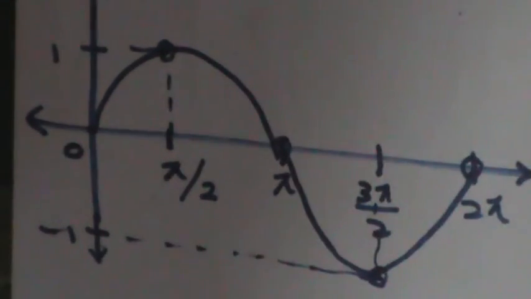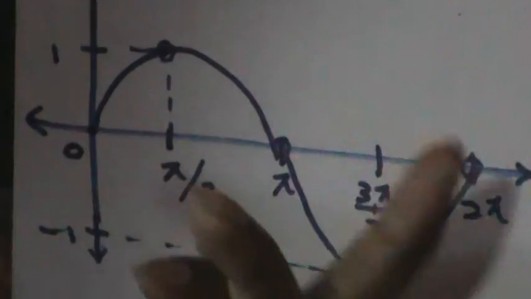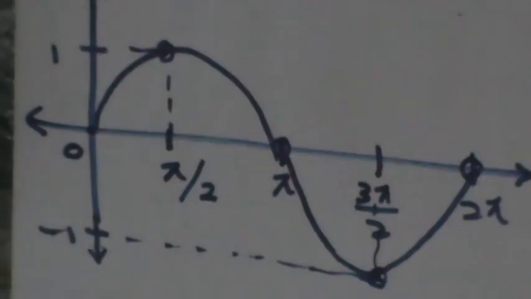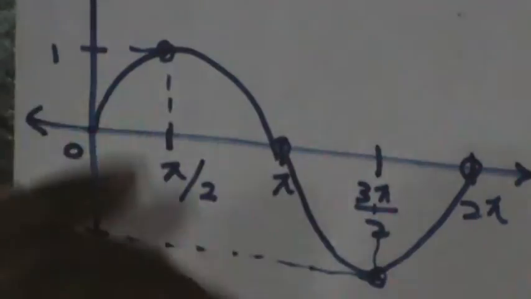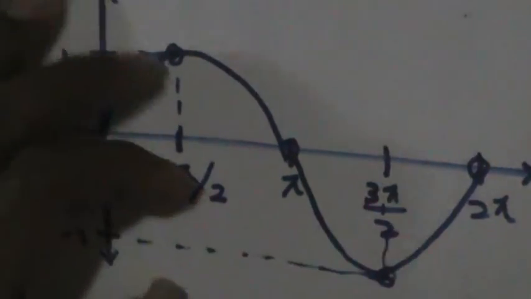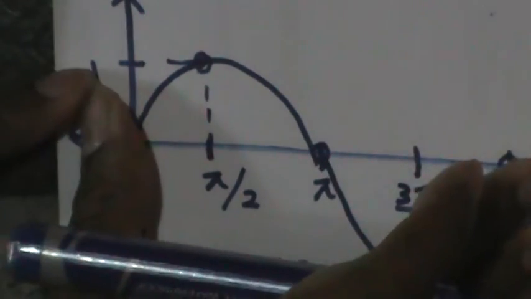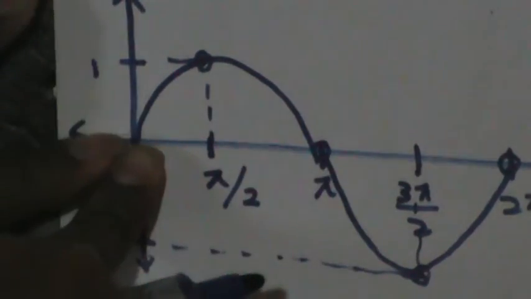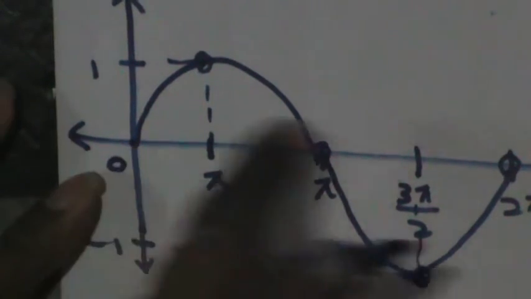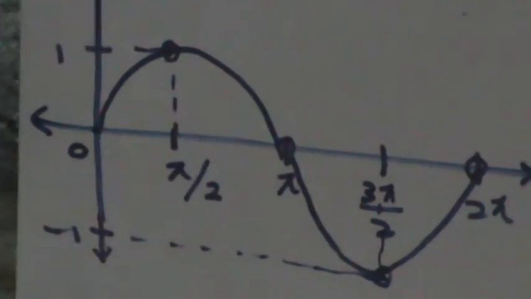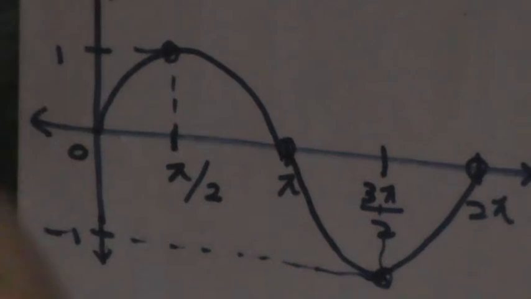So this is actually half of the normal one. It takes only 180 degrees to cover one cycle. In the normal sin x graph, it takes 360 degrees, 0 to 2 pi. But in the graph y equals 3 times sin 2x, it takes only 180 degrees. So actually what happens is that this graph shrinks. The initial point will be the same, but the end point is pi. I'll discuss that in detail.